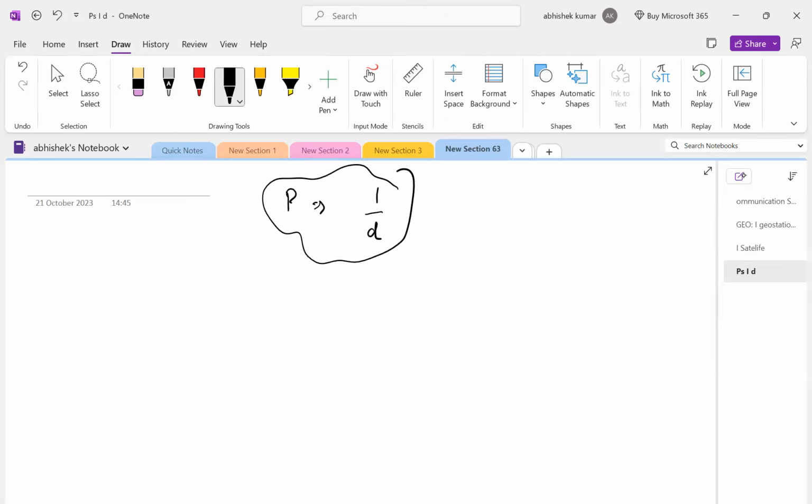Are you getting me? Are you able to visualize in this figure? When you are going away from the equator, your distance is increased and your power is decreasing.